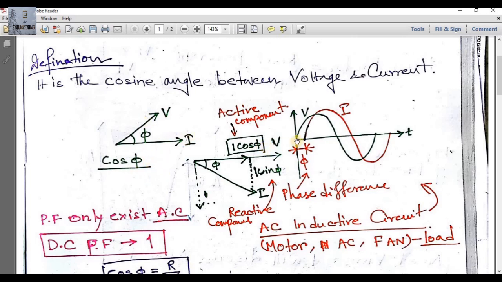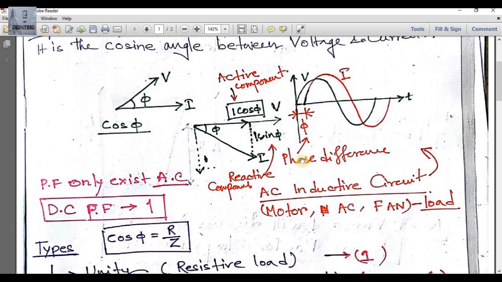If we draw the graph of voltage and current, you clearly see that there is a phase difference of phi between the voltage and current graph. Now it is significant how important the phi angle or the power factor is for your electrical components and the industry.